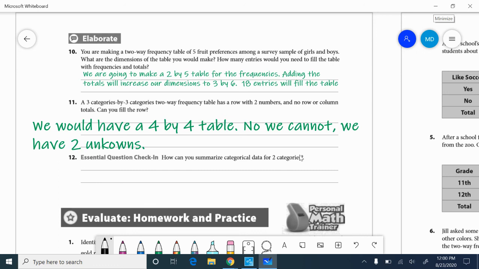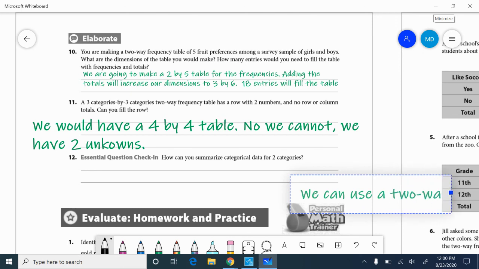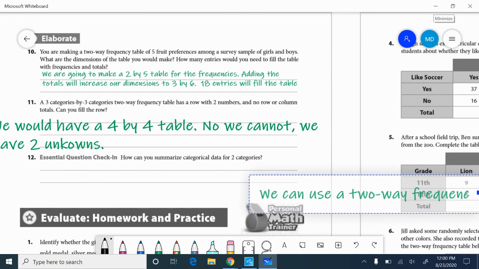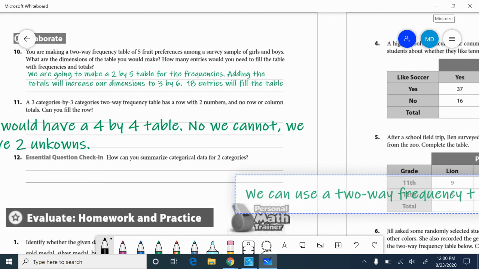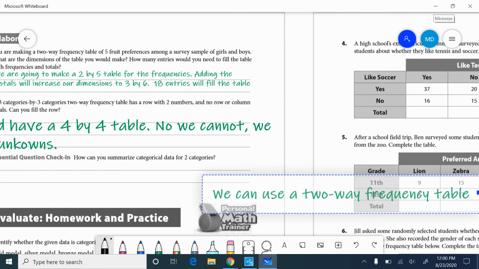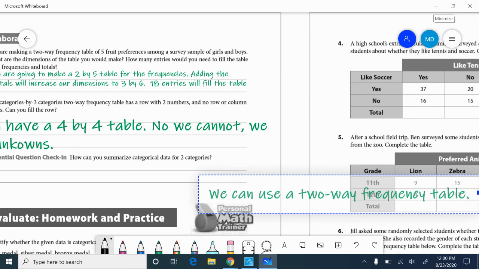What have we been using? What do we call that thing we've been using? We can use a two-way frequency table. Boom, that's it. Easy.